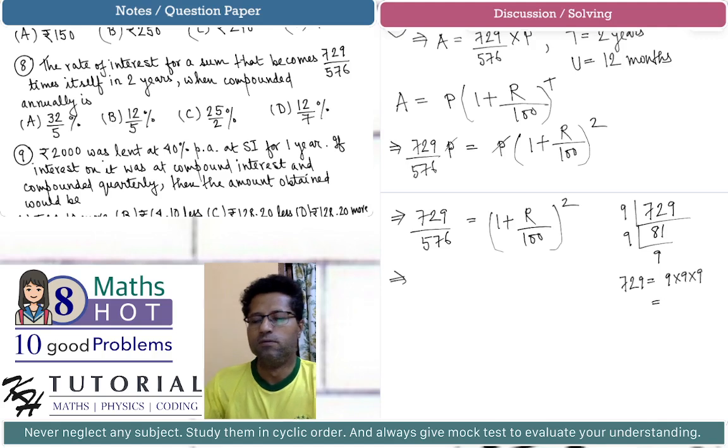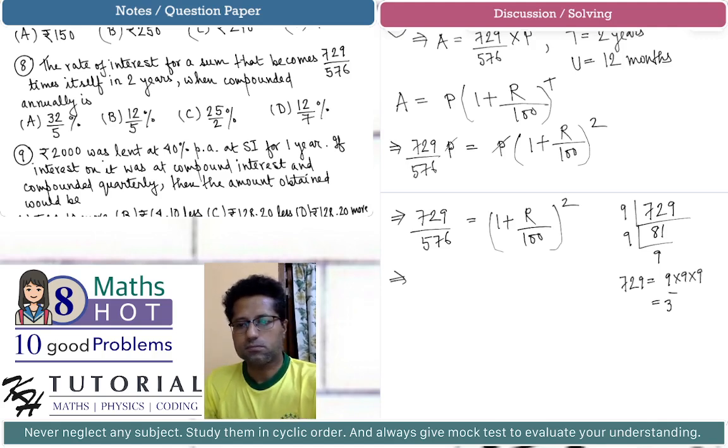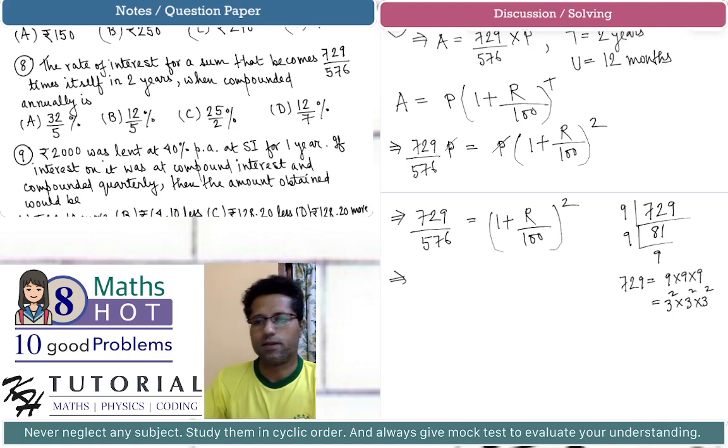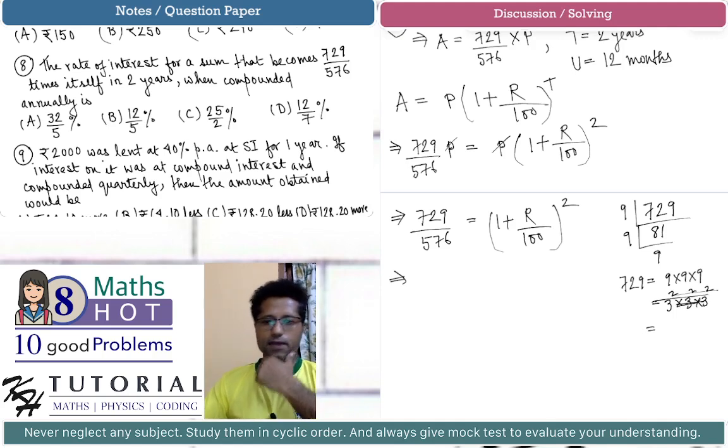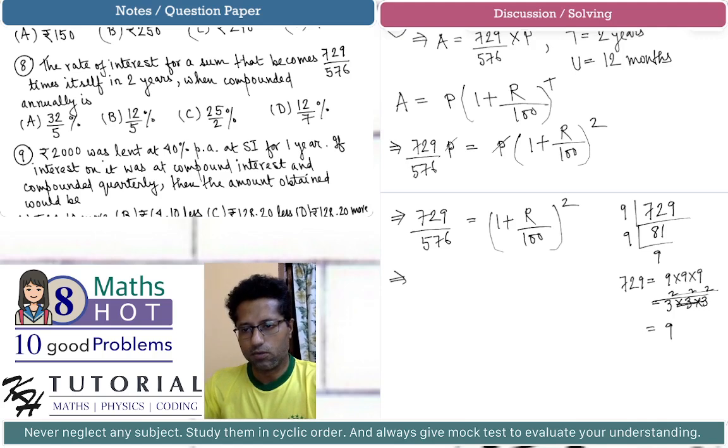This is equal to 3 square multiplied by 3 square multiplied by 3 square. So 729 is 9 cube.